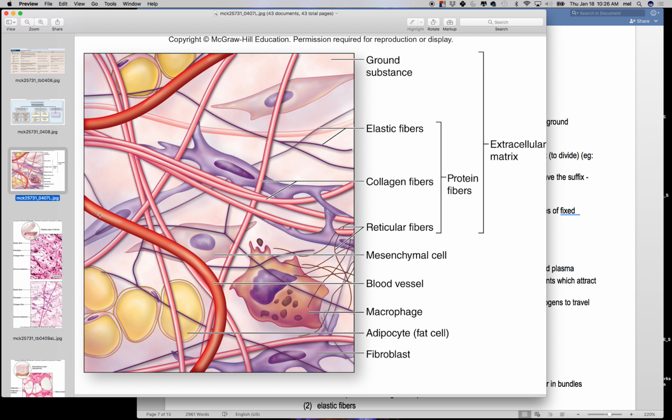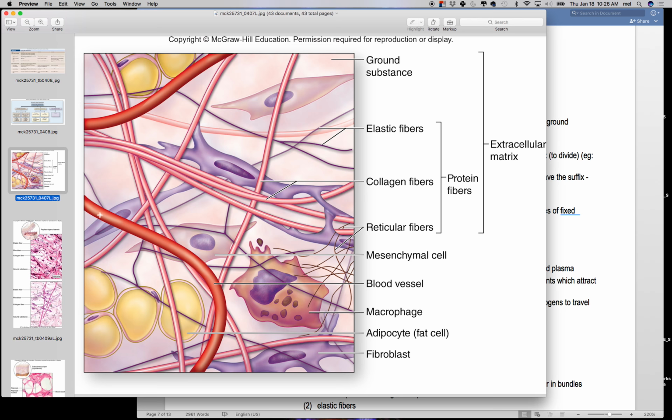Does anybody remember from lab what the cell is called in dense regular connective tissue? It's called a fibroblast. What do you think it does? Makes a whole bunch of fibers. That's a really fibrous tissue, right? So a blast cell is either immature or really important in making things that are in the tissue.